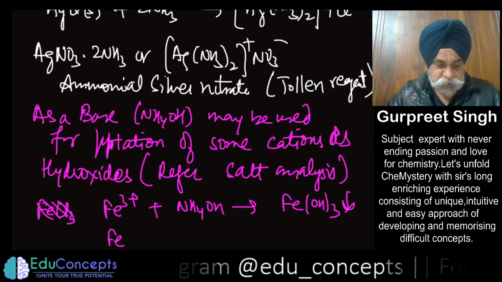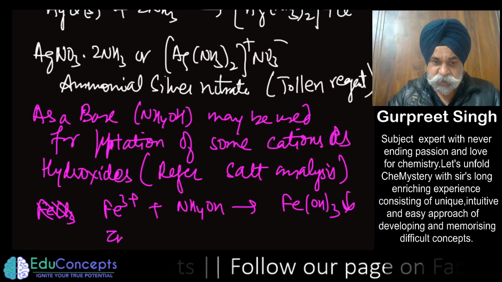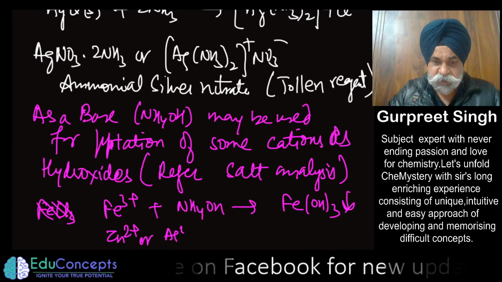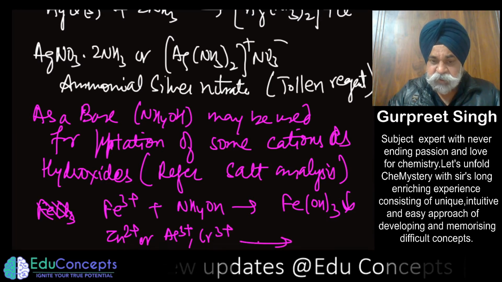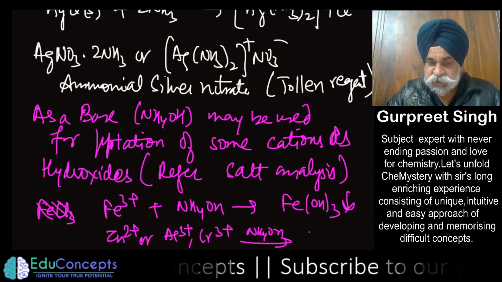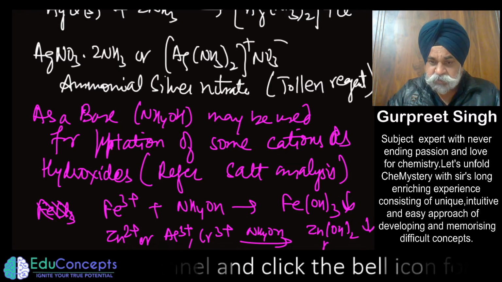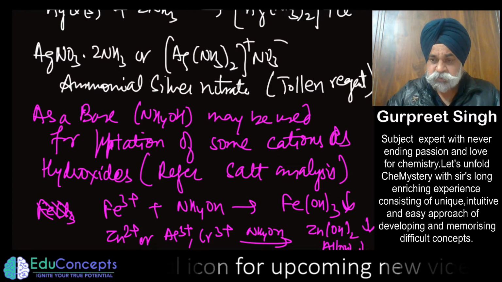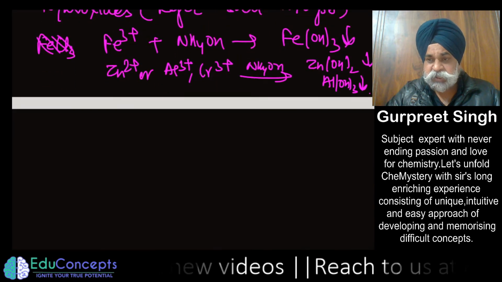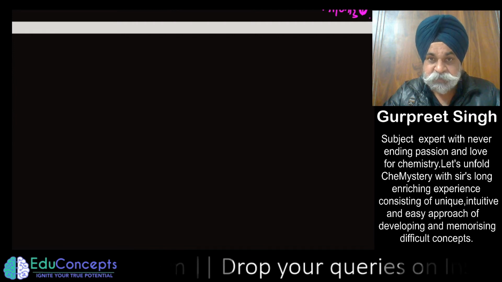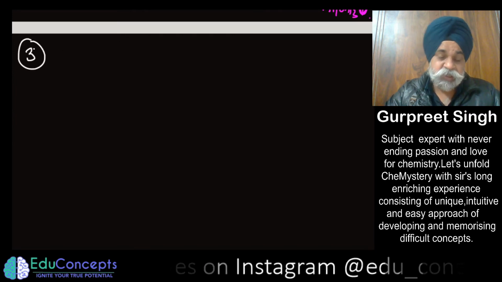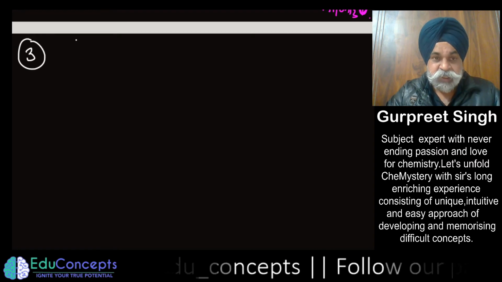If you have zinc, Zn2+, or for that matter Al3+ or Cr3+, when all of these are treated with ammonium hydroxide, they have the tendency to precipitate as hydroxides. So make it a point, aluminium hydroxide and so on. This is very important, that as a base it is also used as a reagent for precipitating cations as their hydroxides.